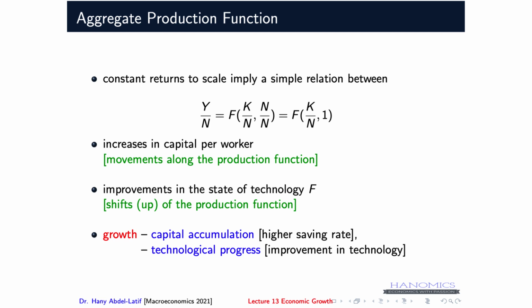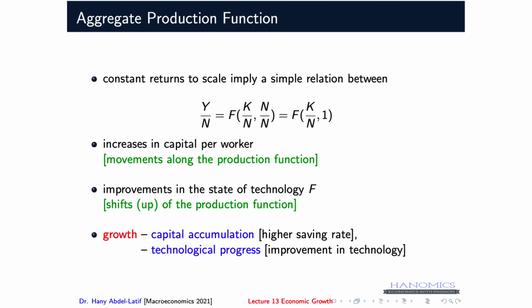First we learned about the production function, we explained what we mean by diminishing returns to capital, and how the slope of the production function shows those diminishing returns. Then we explained what would happen when we have technological progress, which shifts the production function upward, and that's what we will discuss now.